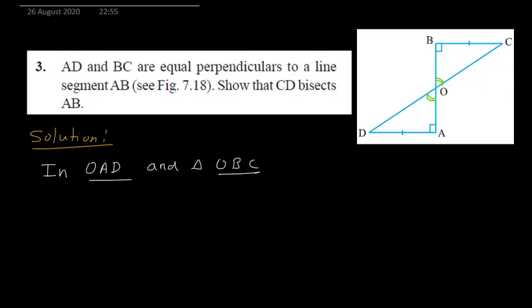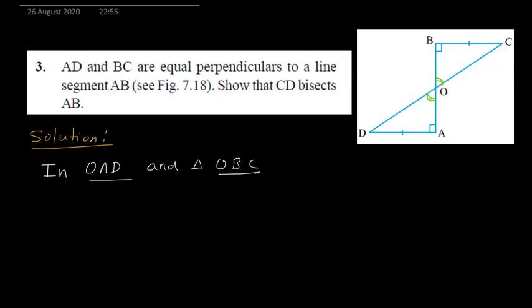Then angle B and angle A are equal. See how I am writing their corresponding positions. Then my third point, D and C, are going to be last. So I have taken triangle OAD and OBC. By looking at the diagram, I haven't chosen the triangles randomly. If you do it randomly, then you are in trouble, right?